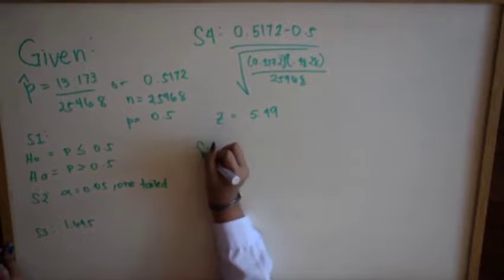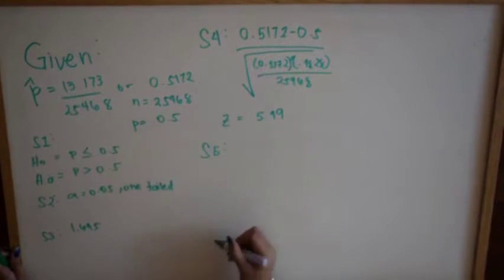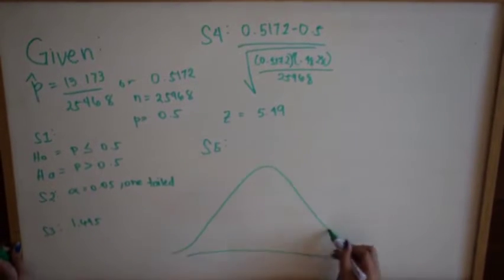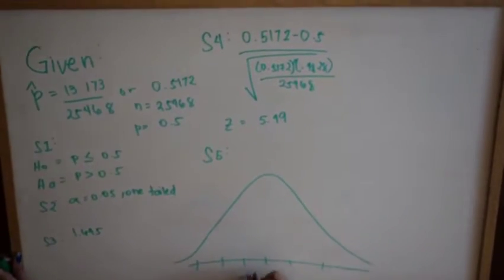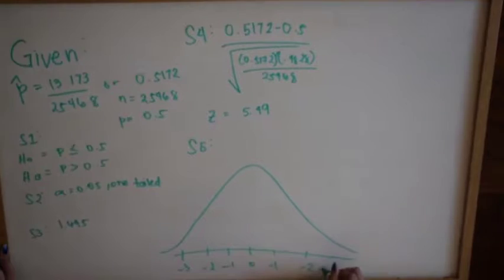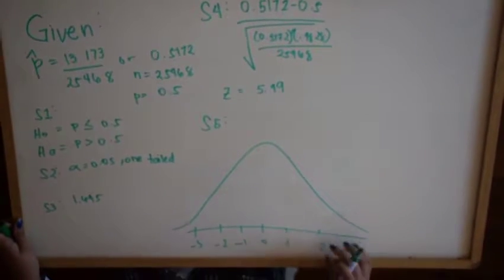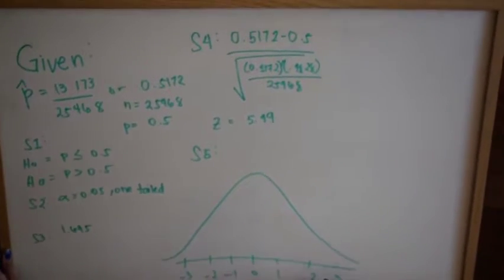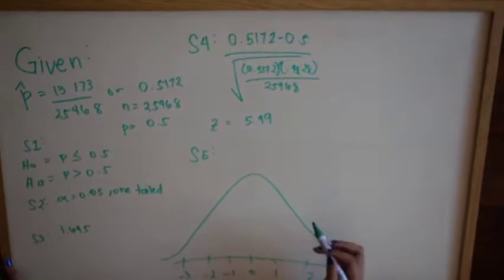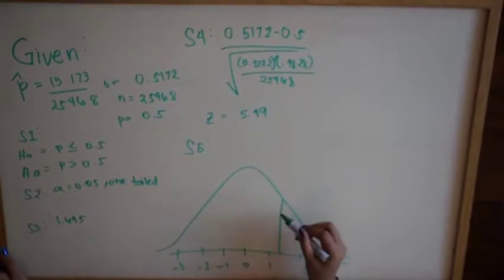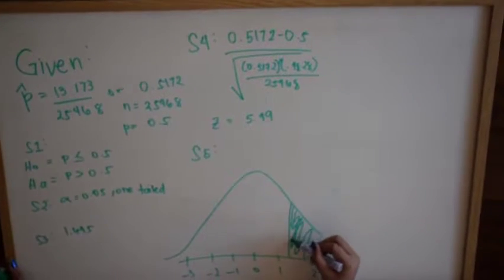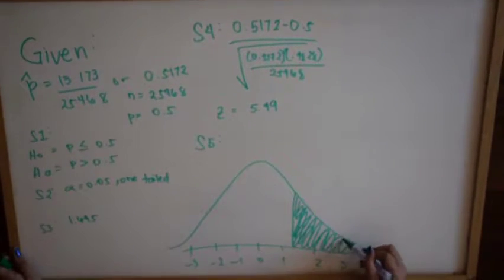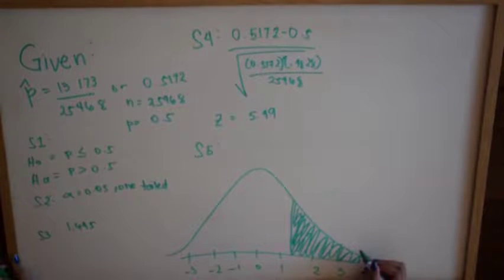For our step 5, we would be graphing the z-value. As you can see, I am now shading the region of 1.645.